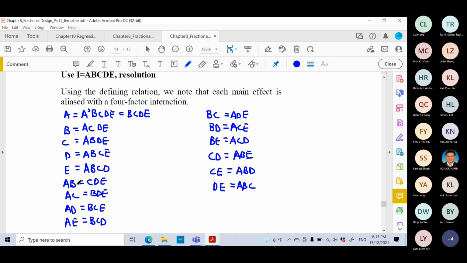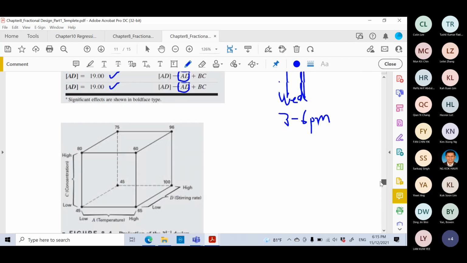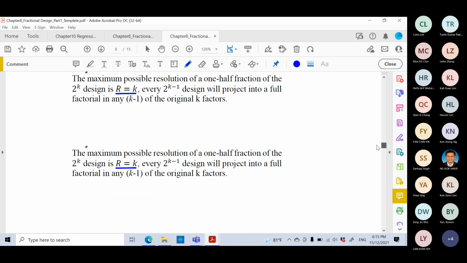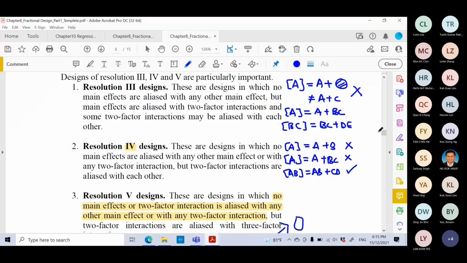The two factor interaction is also aliased with the three factor interaction. So this one will be the resolution of 5 here. Okay, so if you cannot recall what a resolution is, we can go through the here. This one is a resolution here.